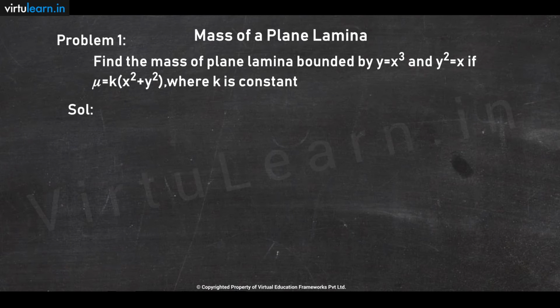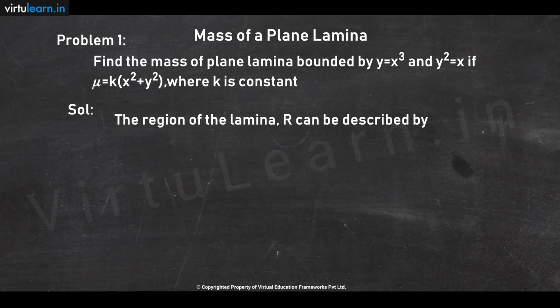We notice that y is equal to x cube and y square is equal to x. These curves intersect at origin and also at 1, 1. So the region of the lamina R can be described by x cube less than or equal to y less than or equal to root x, 0 less than or equal to x less than or equal to 1.